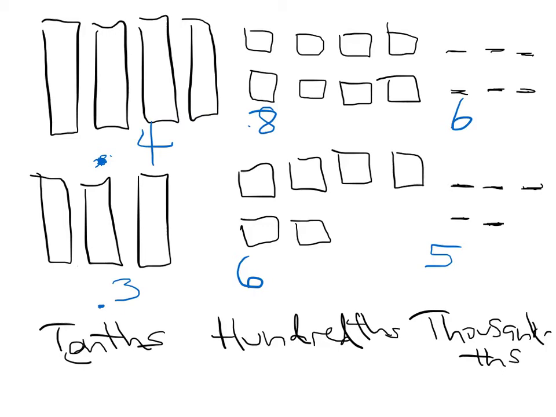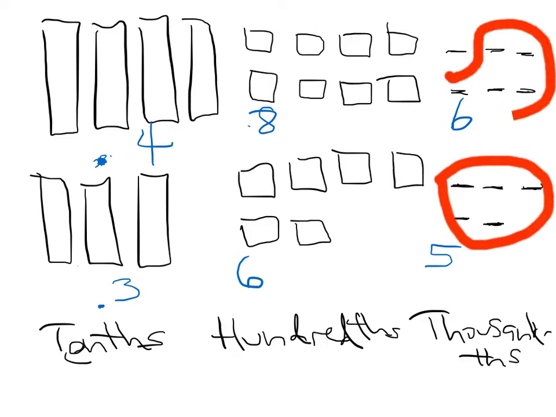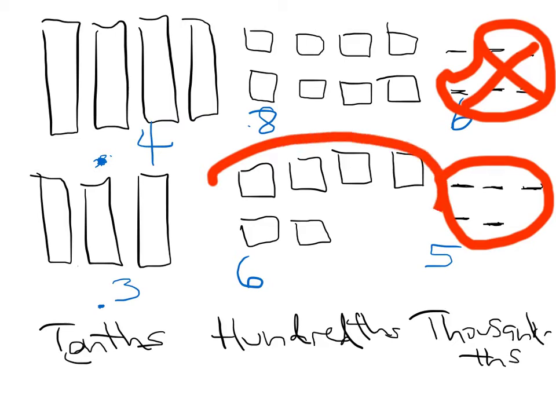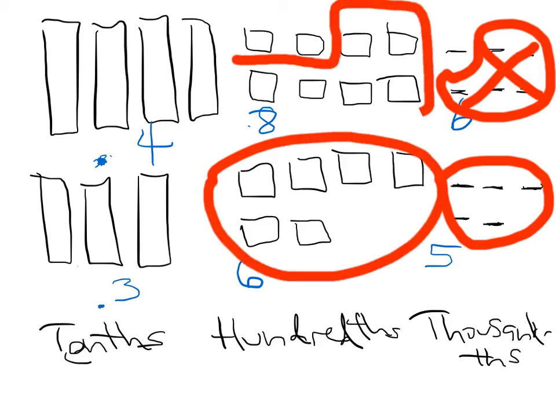So you can see I'm just going to mark off the ones that we're going to take away without writing the number. If we're going to take away these 5, that means these 5 are going away. That's X amount. If we're going to take away these 6, then these 6 are going to go away.